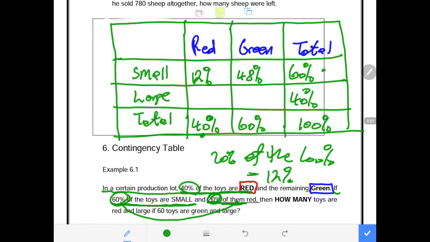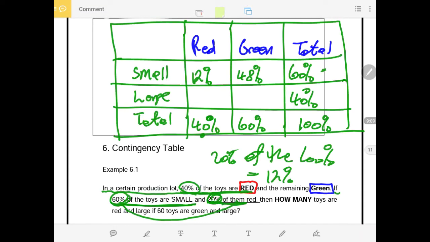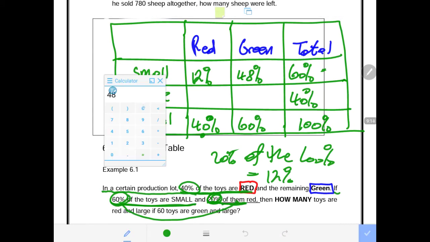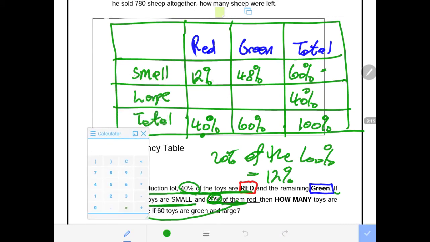So immediately at this point in time, you are done with your contingency table. How are you done with it? It's because you can just subtract the number that you have to get what is missing. Remember, we say red, small plus large, will give us 40%. So we are looking for the missing one, which is the large one. It will be 40 minus 12.